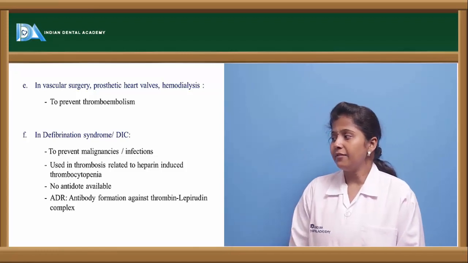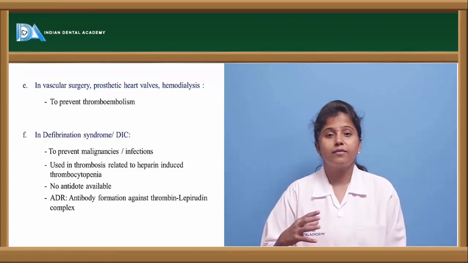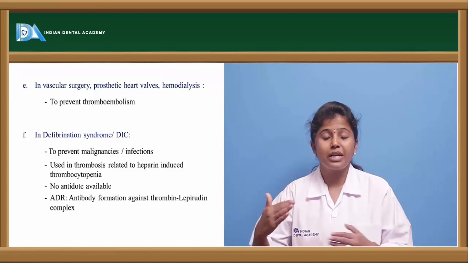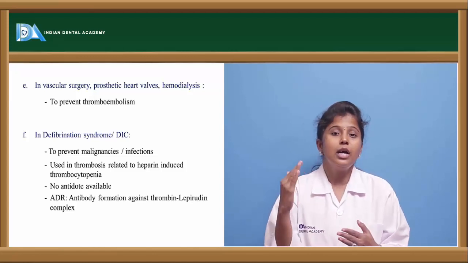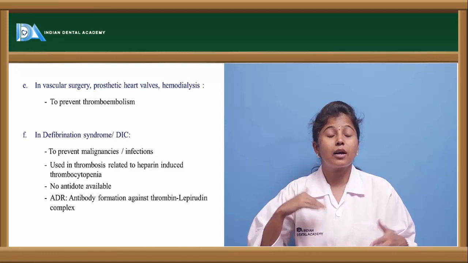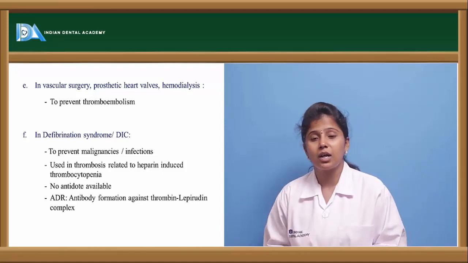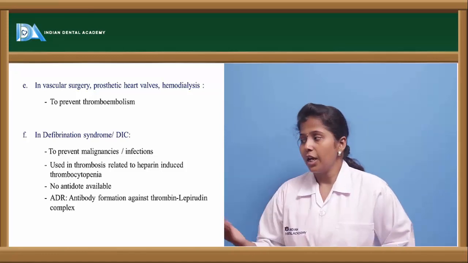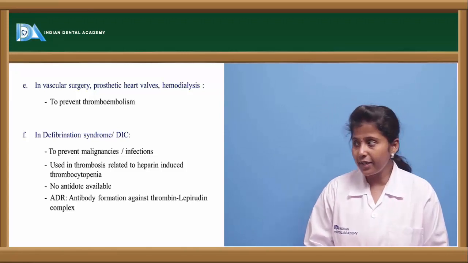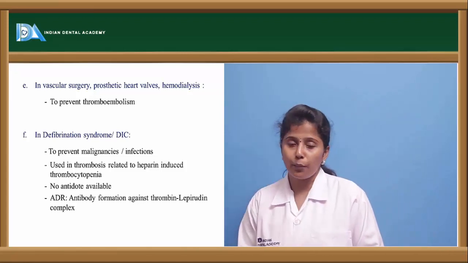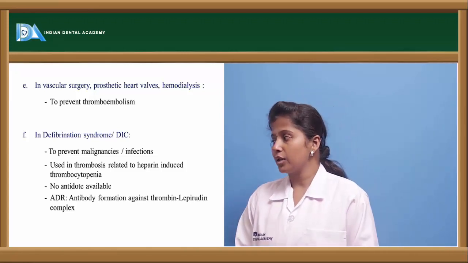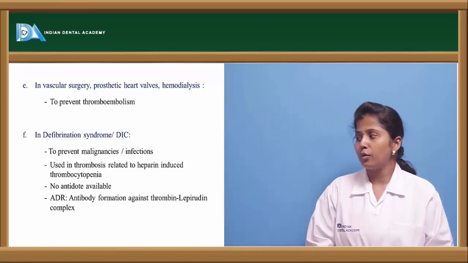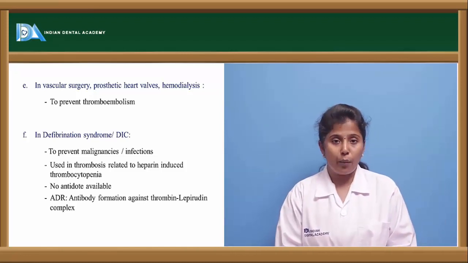And in defibrination syndrome, for prevention of fibrin, if the fibrin clot is forming more, if the fibrins are converted more, in that condition it is used. It is also used in thrombosis conditions.